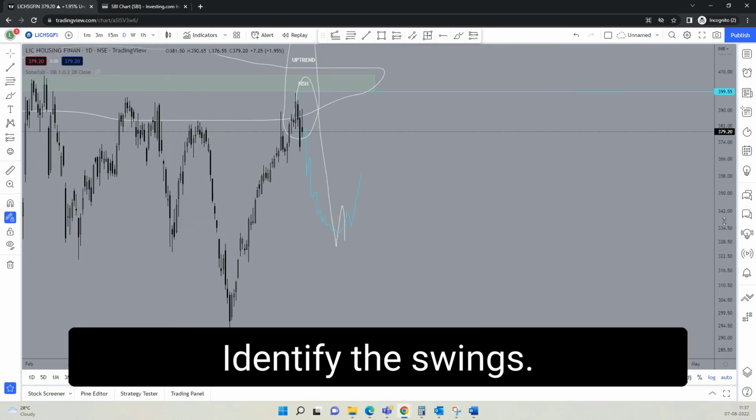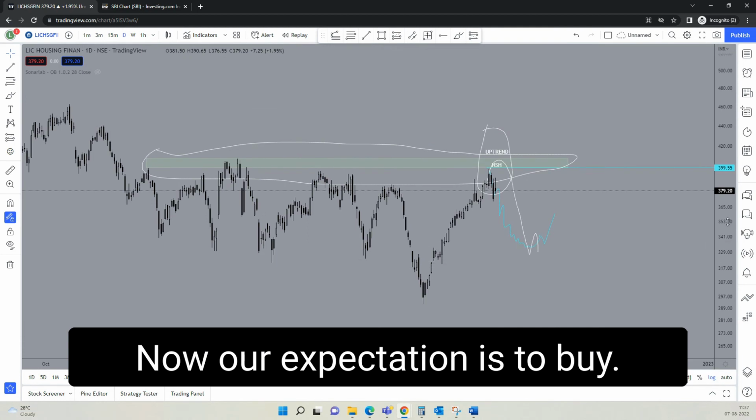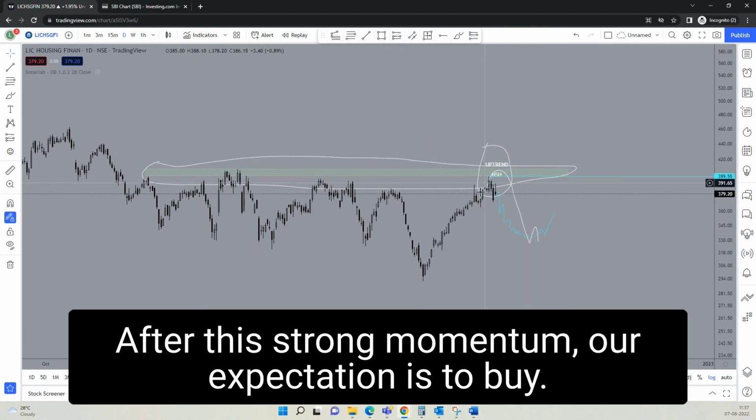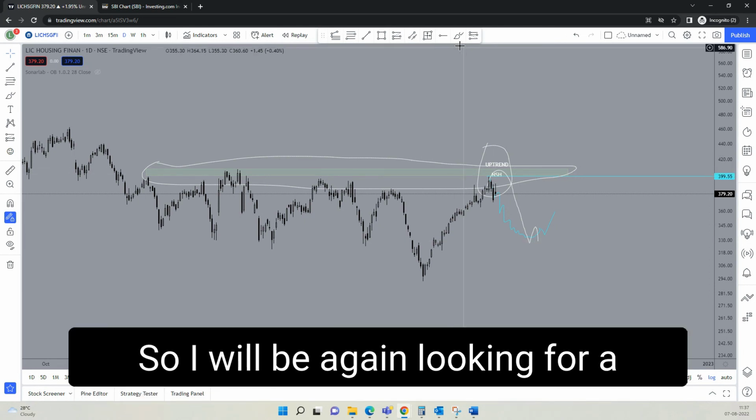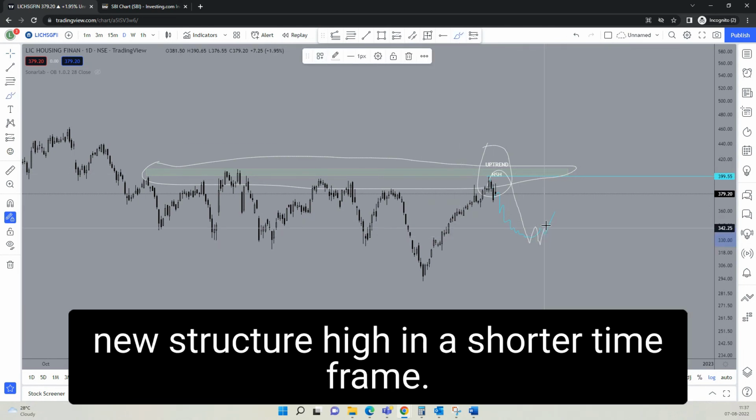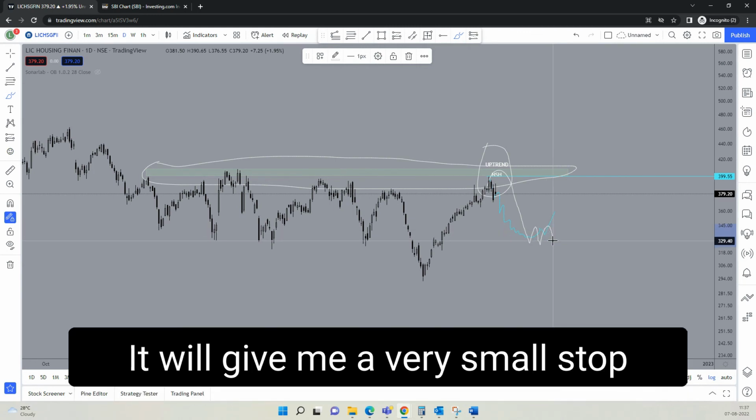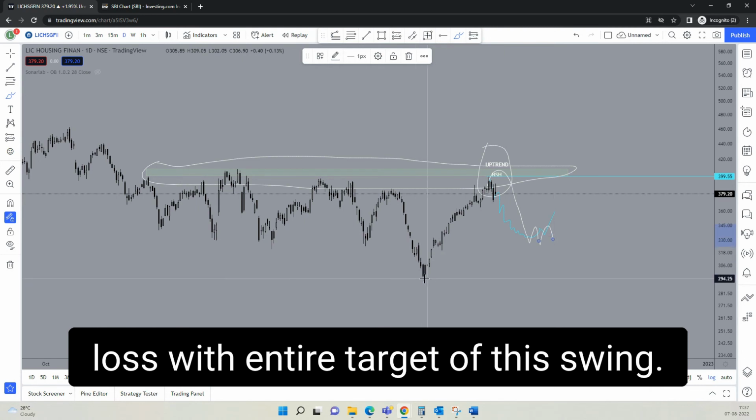Identify the swings. Our expectation is to buy after this strong momentum. So I will be again looking for a new structure high in a shorter time frame. It will give me a very small stop loss with the entire target of this swing.